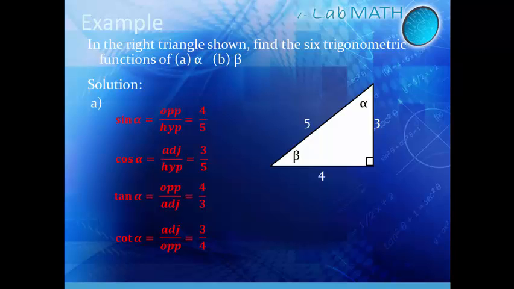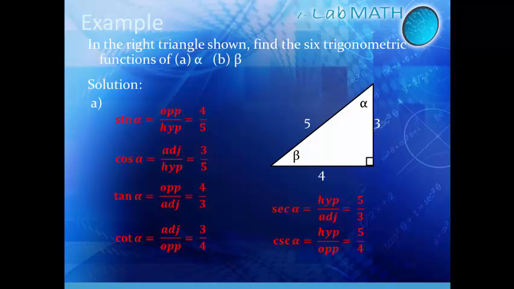Cotangent alpha is just the reciprocal of tangent alpha. It's cotangent alpha equals adjacent over opposite equals 3/4. Secant alpha is just the reciprocal of cosine alpha. Secant alpha equals hypotenuse over adjacent equals 5/3.